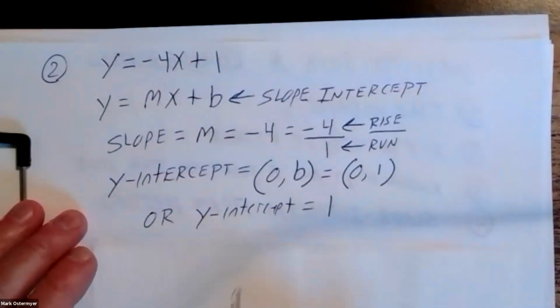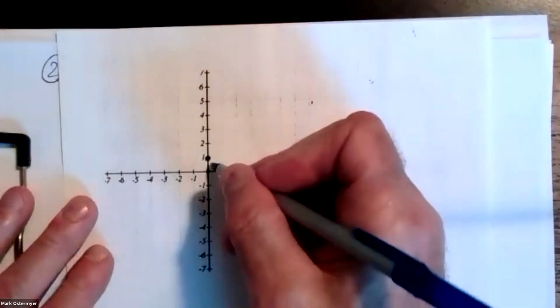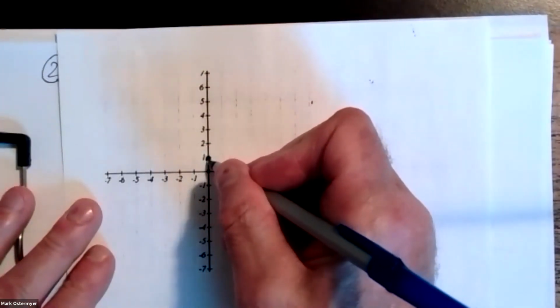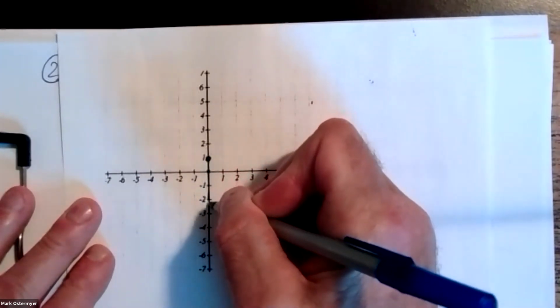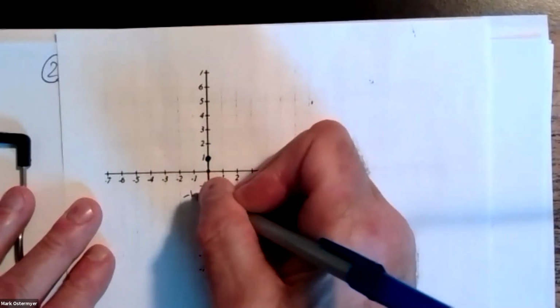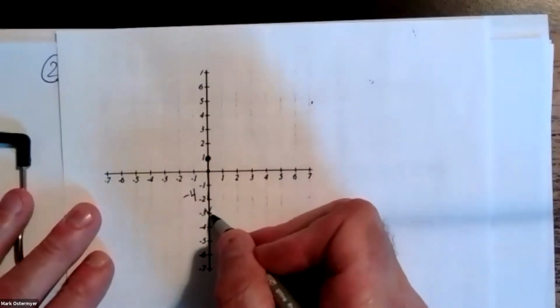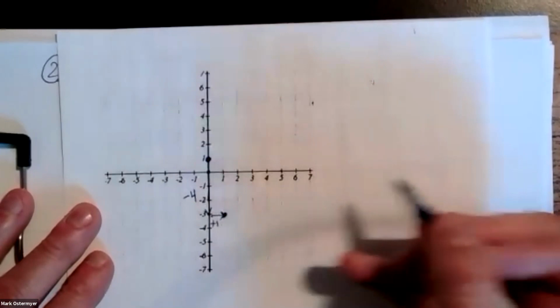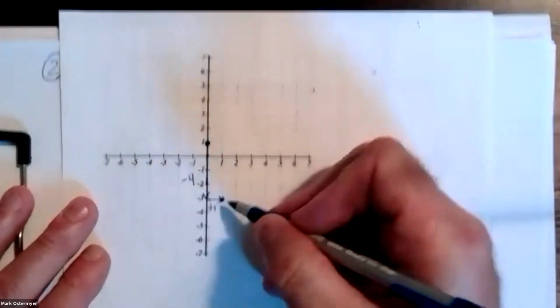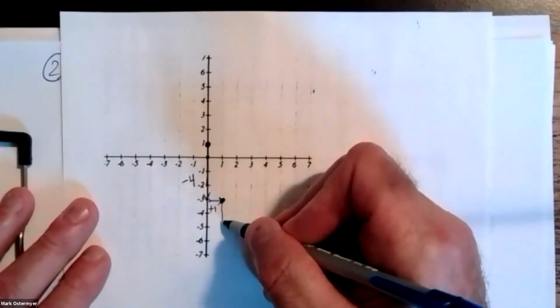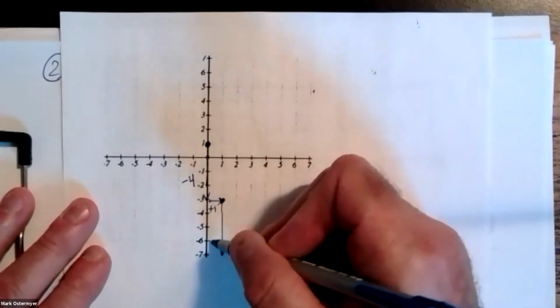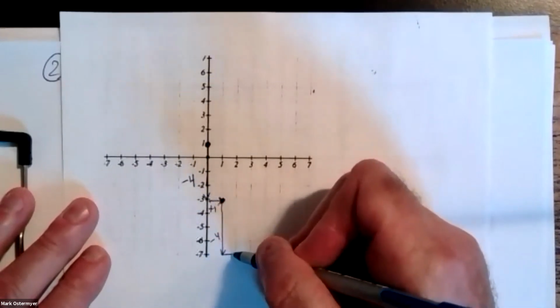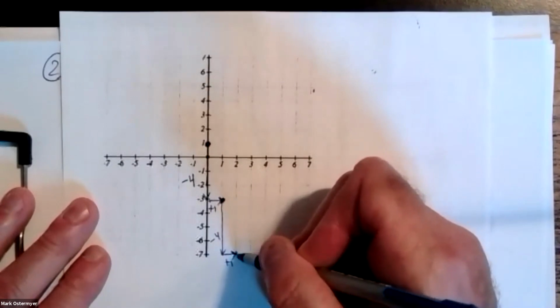We know the slope is -4 over 1, so if I start at my y-intercept and go down 4 units, -1, -2, -3, -4, my rise is -4, my run must be +1, so 1 to the right. There's another point on my line. We could do this again, down 4 and over 1 to the right. There's another point on my line.